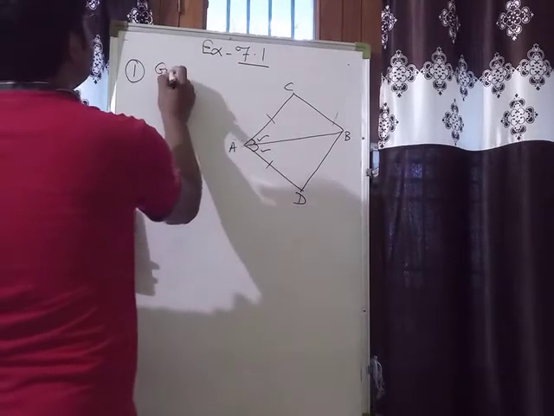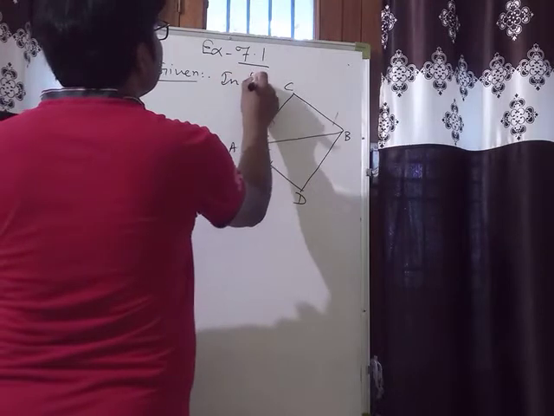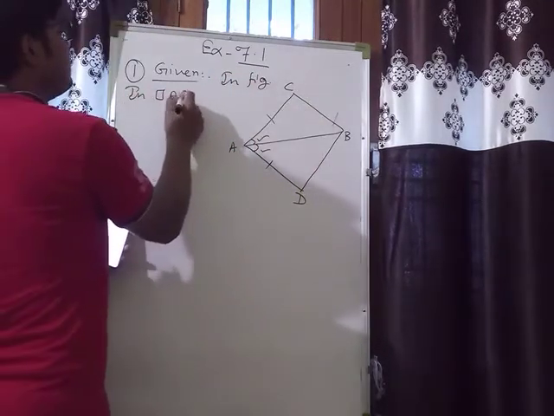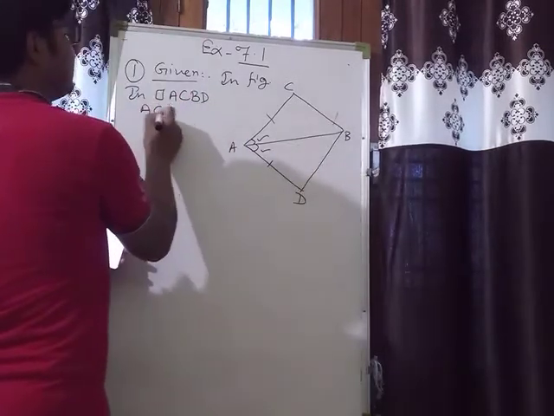So what is given here? In the figure it is given, in quadrilateral ACBD, AC is equal to AD.